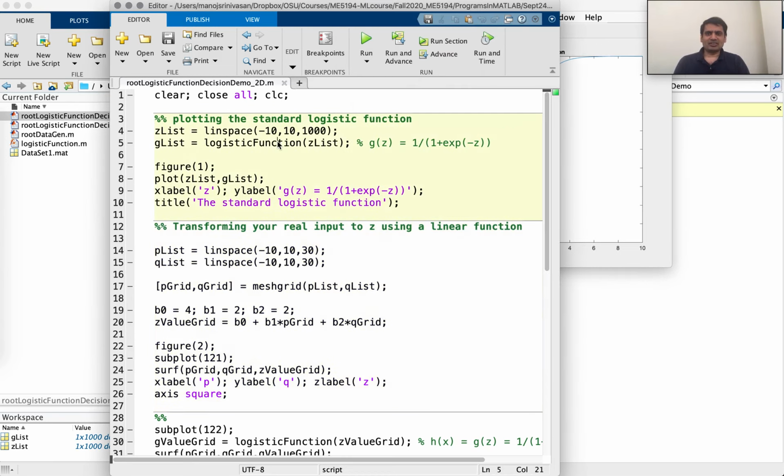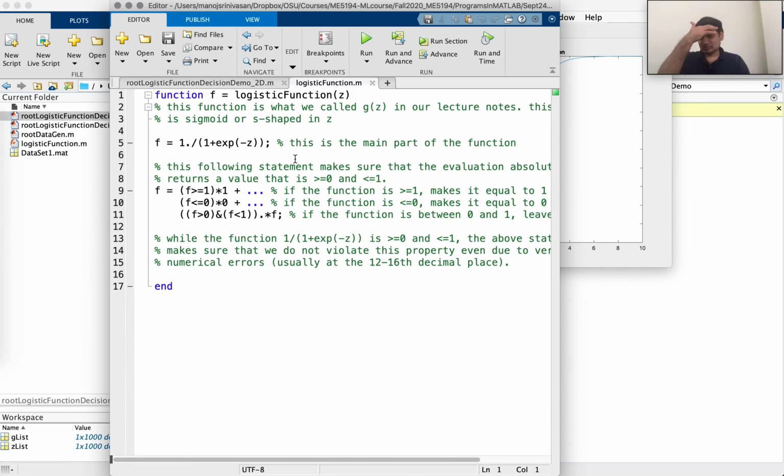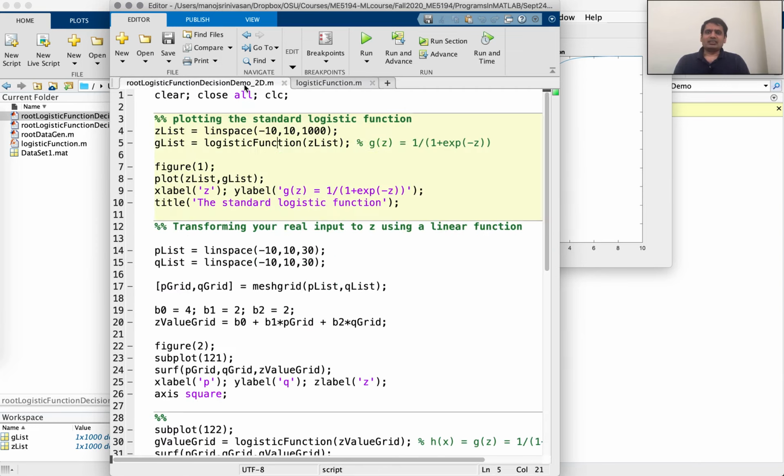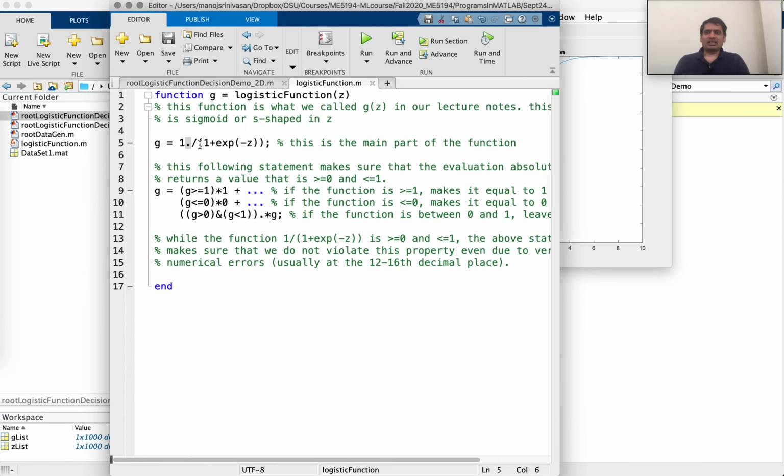If I open this, you get this function. I put a dot divide because in these programs I'm inputting z as a whole vector, and I would like these operations to be performed for every value of that vector, array or matrix, and then give me the corresponding g array for every value of z. So I'm putting dot divide.